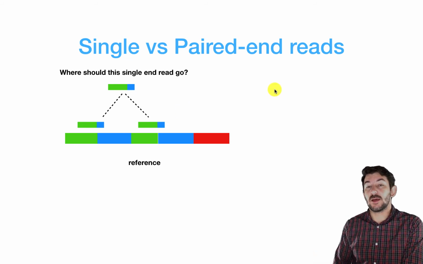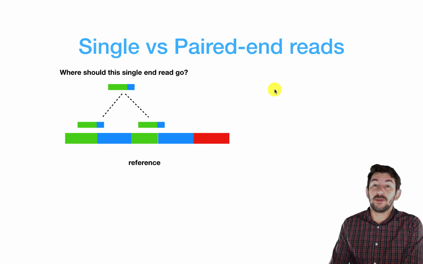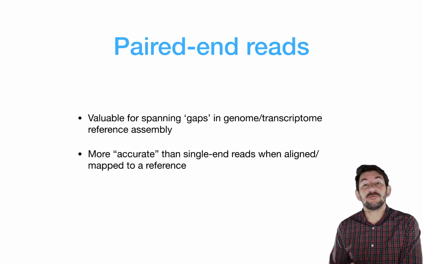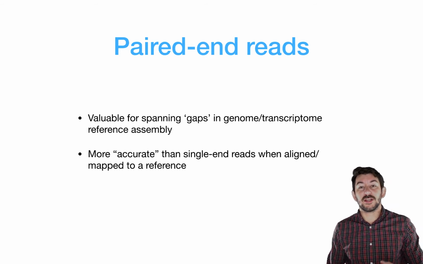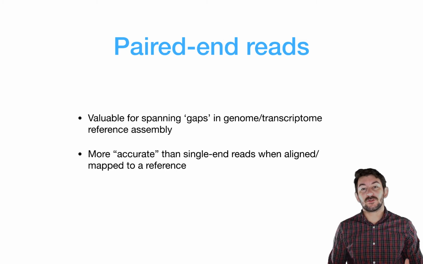So that's the dilemma of using single reads. If, however, you have paired reads and they are long enough, they can be valuable for bridging those gaps into regions of non-similarity, so you can have some external information to figure out where it should fit.